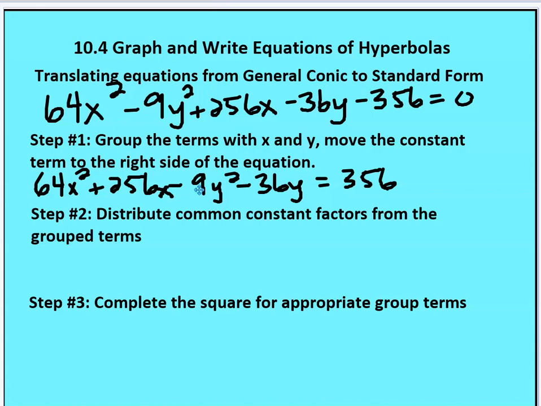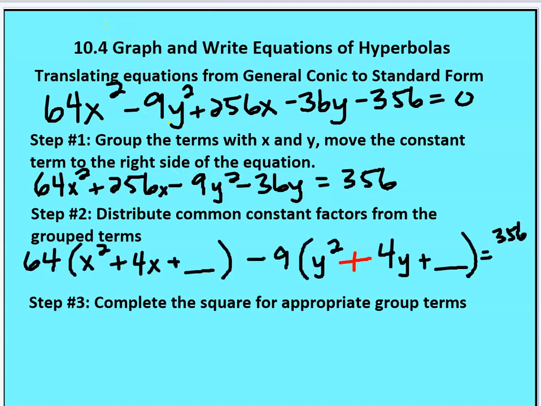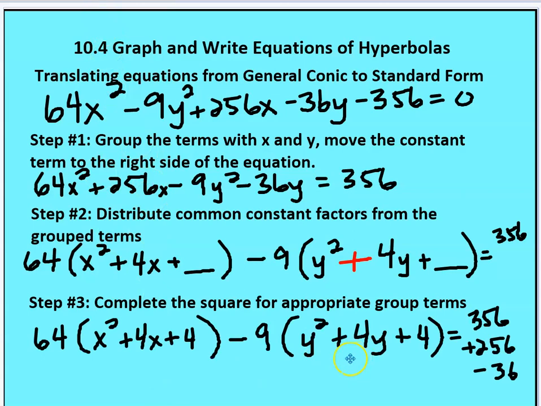Now we're going to distribute out the common constant factors from the grouped terms, and we're going to set this up to complete the square. And then we're going to complete the square, and as I complete the square, I'm adding values into the parentheses. In some cases I'm multiplying that value in parentheses by some constant outside.